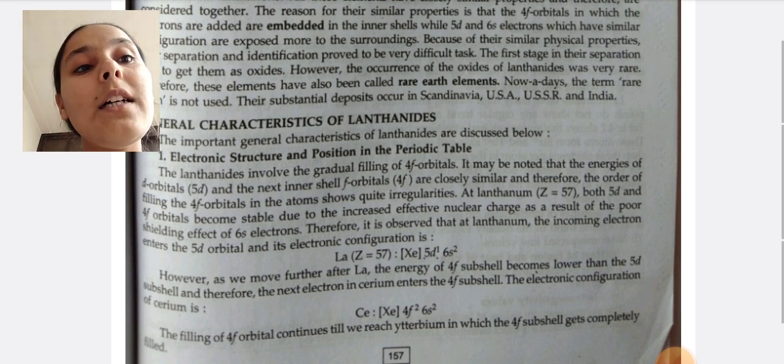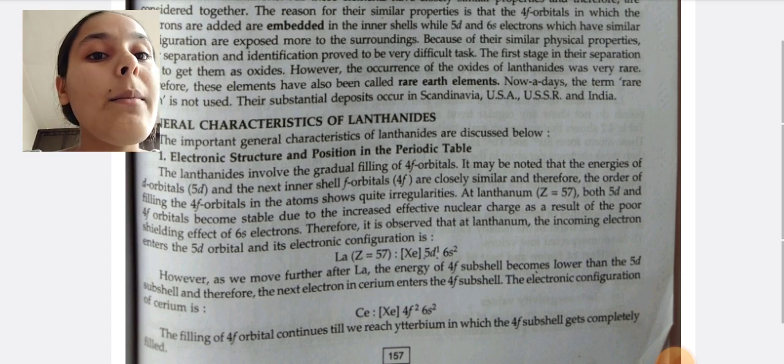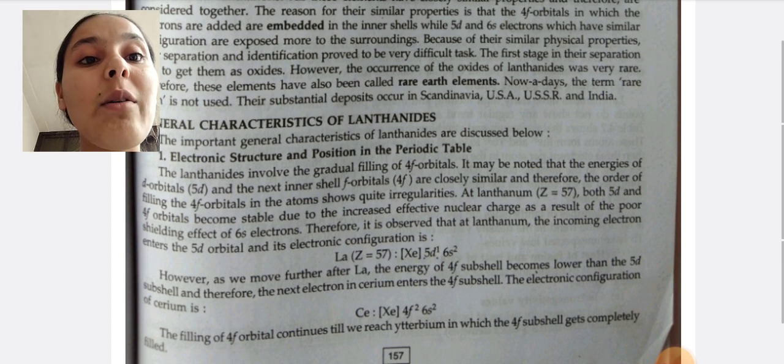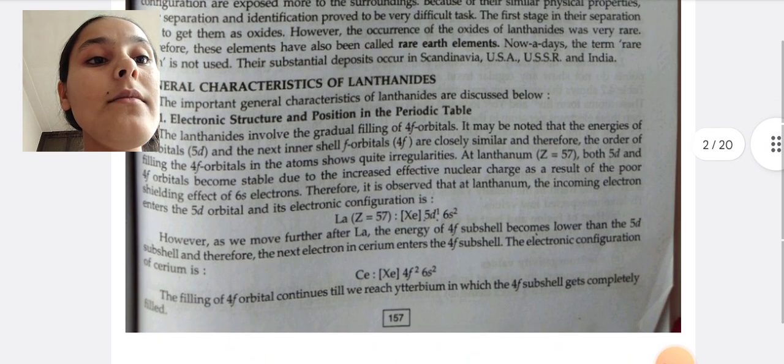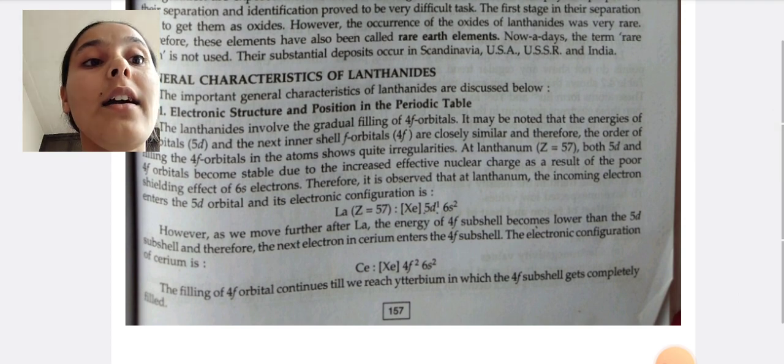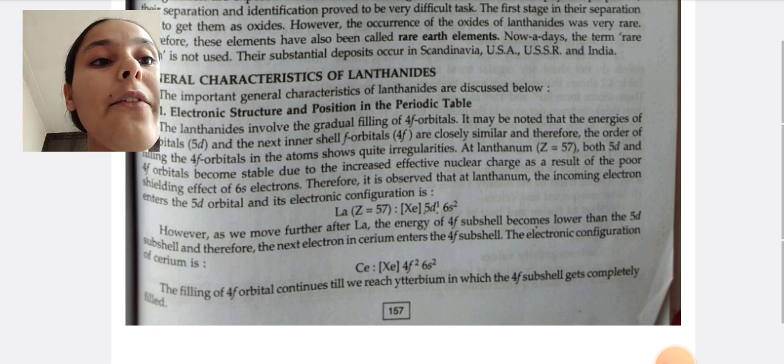Therefore, it is observed that at lanthanum the incoming electron enters the 5d orbital and its electronic configuration is [Xe] 5d1 6s2.